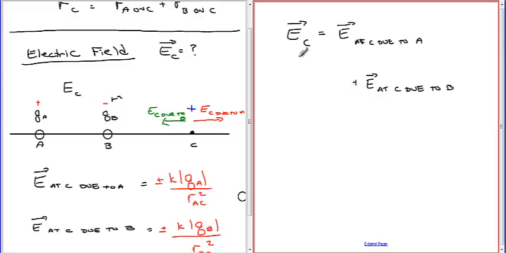You add them together and you get a result, which is going to be either positive or negative, depending upon which one of these is larger. That's one way of doing it.